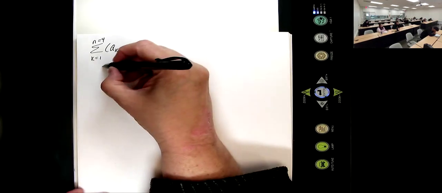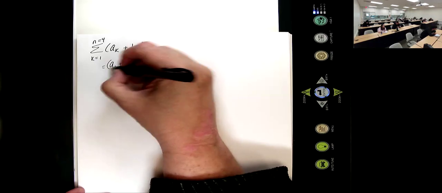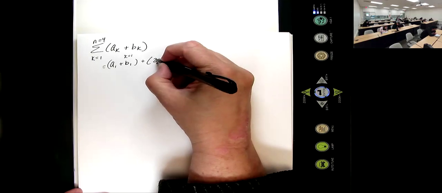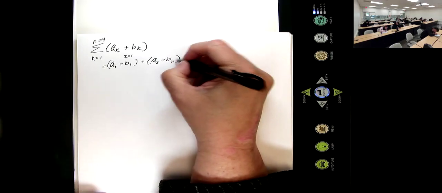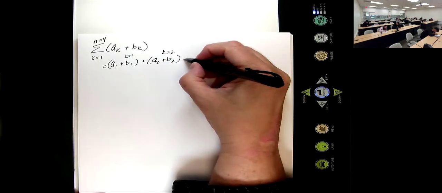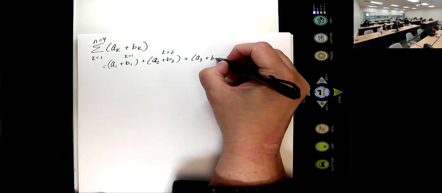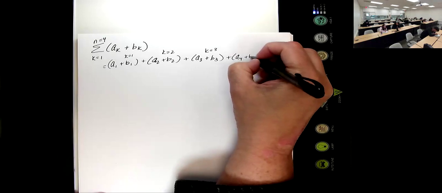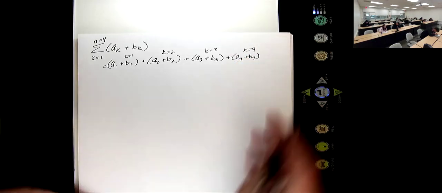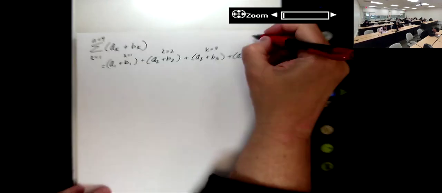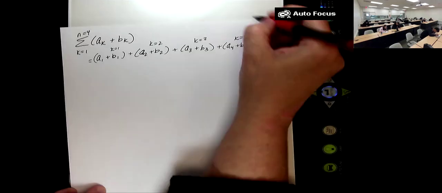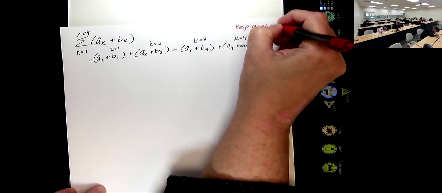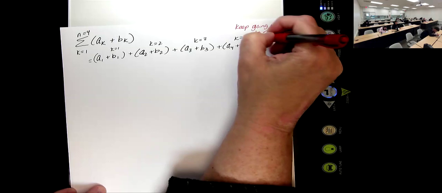Well, this is a1 plus b1, that's my k equals 1 term, plus a2 plus b2, it's k equals 2, plus a3 plus b3, plus a4 plus b4, and keep going up to n if n is a different value.